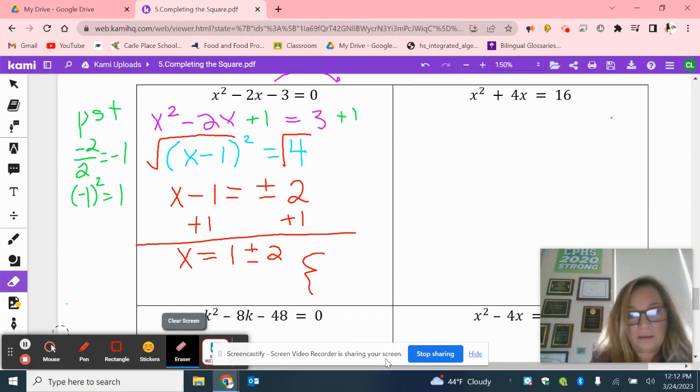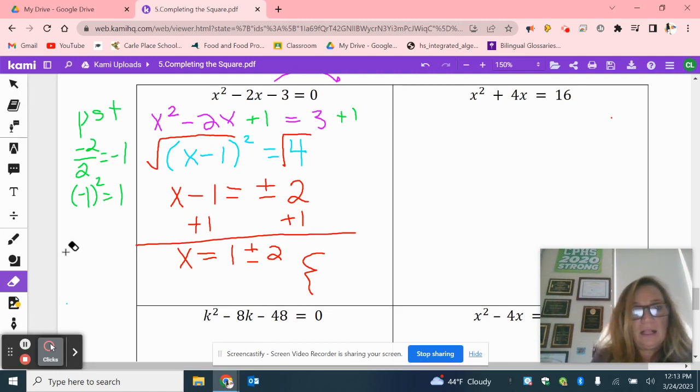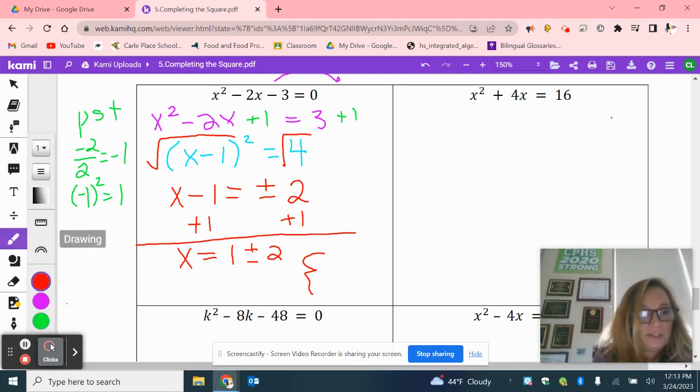No, go back. I don't want to clear the screen. Oh, can I erase now? No, it's not letting me erase. Great. I don't know how to get rid of that, and I just want to keep going.